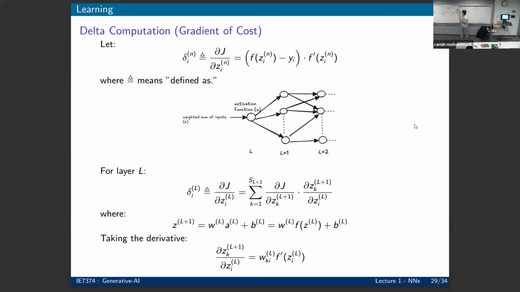Right? So it becomes a W. So this becomes technically W n-1 i times the derivative of that activation function with respect to Z, right? So that becomes times a prime, f prime of Z n-1 i, right?